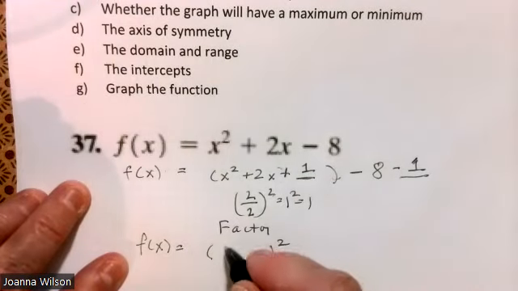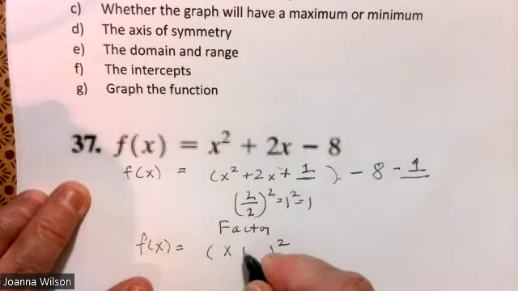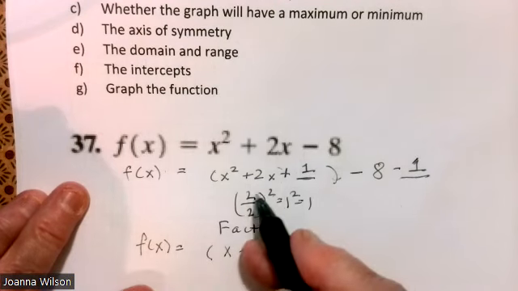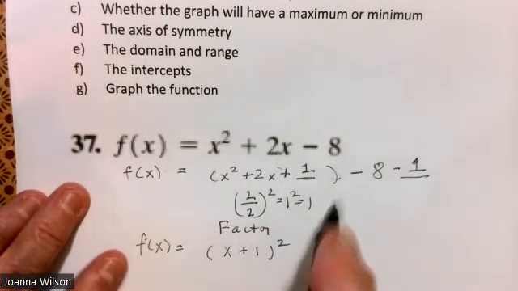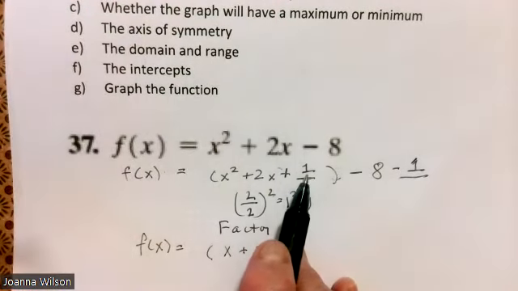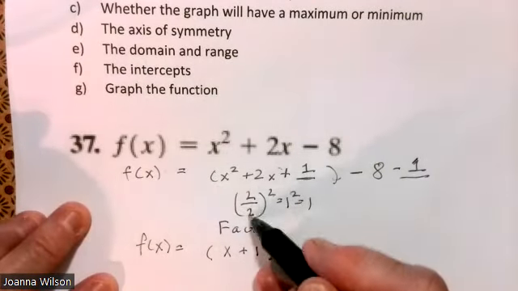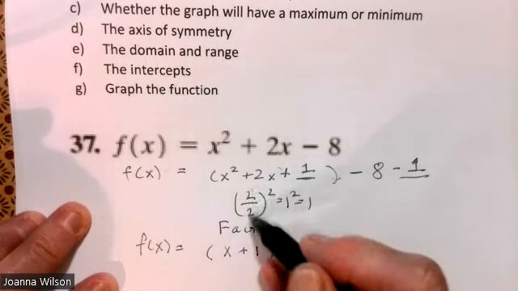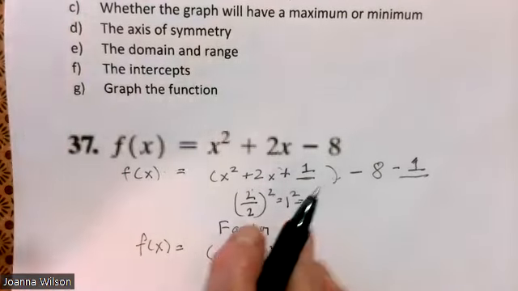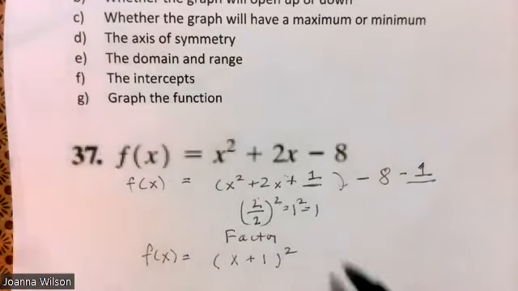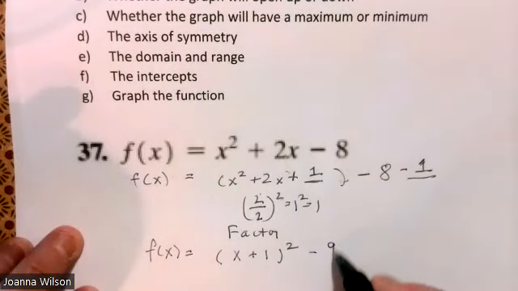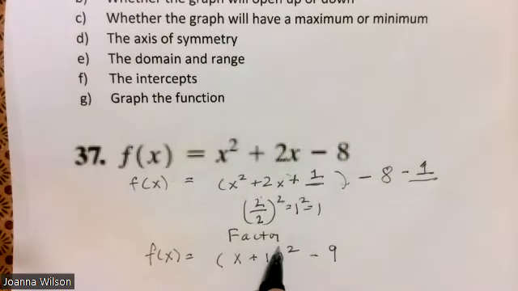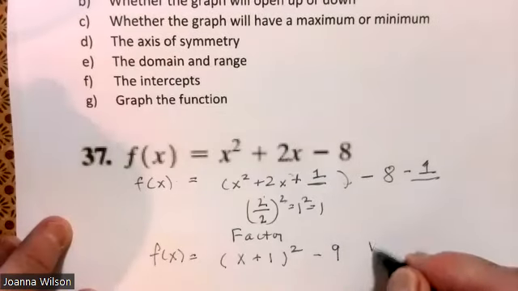And it's going to be (x + 1) squared. It's always going to be this number, not this number, but always the 2 over 2, if that's what goes right here. And then over here, I've got the minus 9. Now, this is in vertex form.